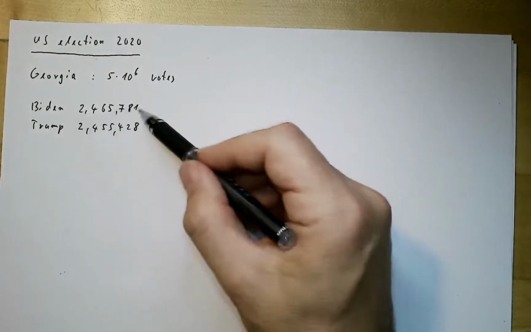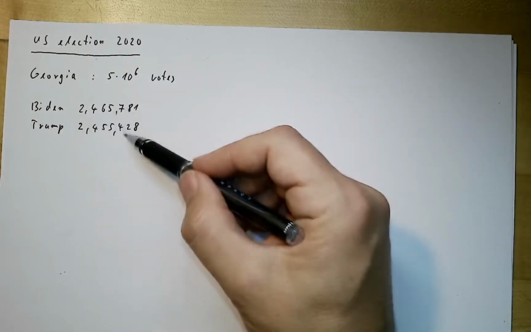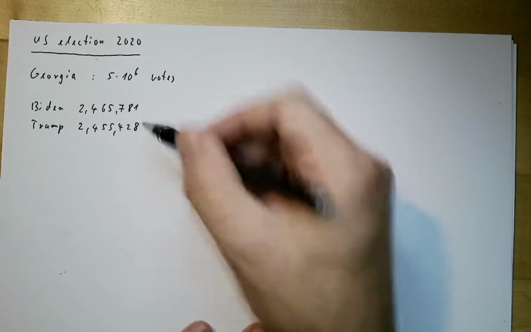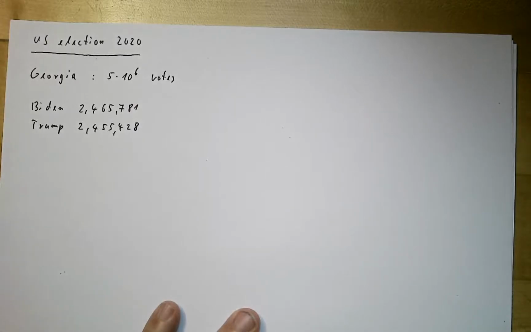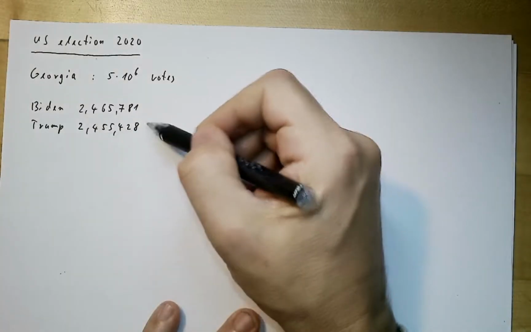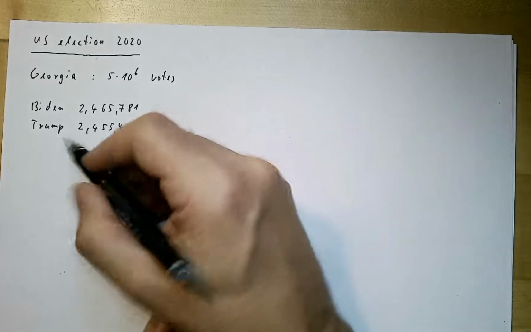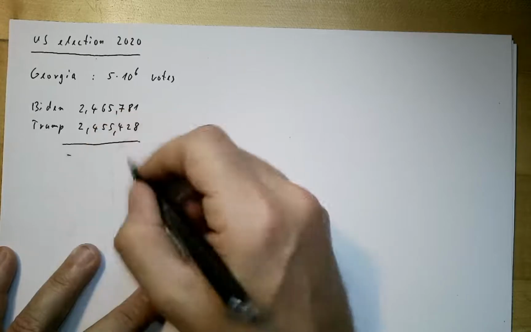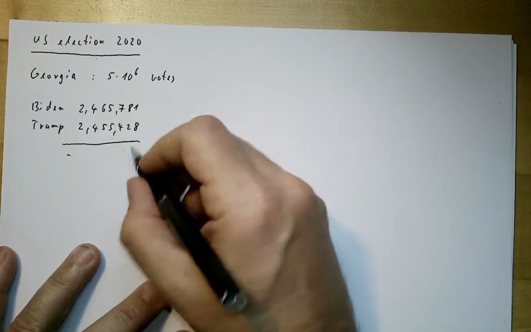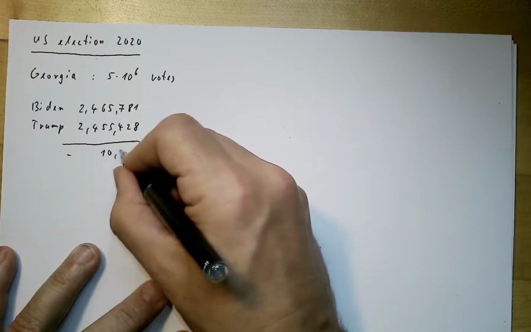And so that's, as of today, the number of votes for Biden and Trump. I mean, it's still not finally sorted out, but I think 99% of votes have been counted. And when we take the difference, we see the difference is rather small, something in the order of 10,000.